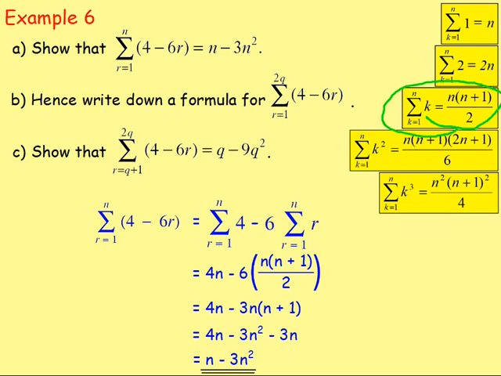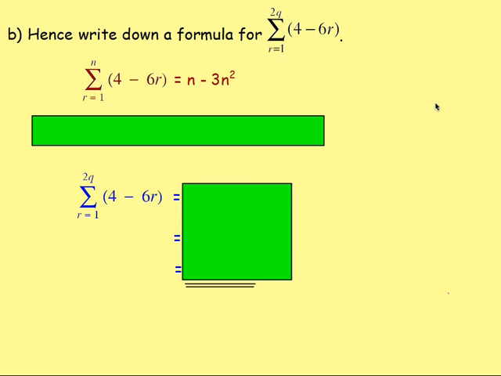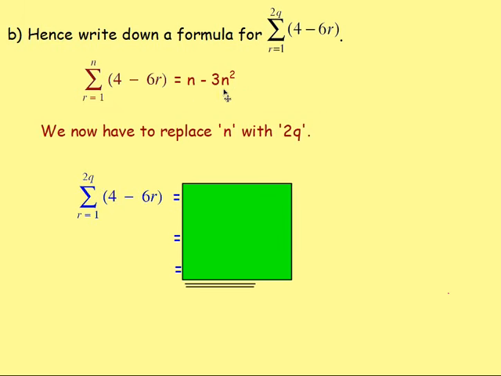Well done. Part B. Hence, write down a formula for the sum of 4 take away 6r going from r equals 1 all the way up to 2q. We already know from part A that the sum going from r equals 1 all the way up to n is equal to n take away 3n squared. So if we're wanting to work out the sum going from 1 all the way up to 2q, all we're really doing is replacing the n with whatever we have at the top.